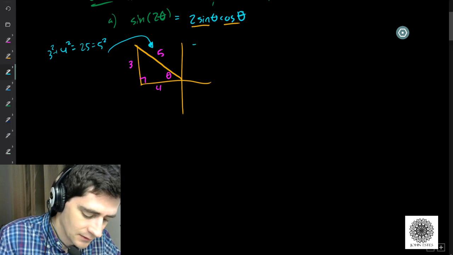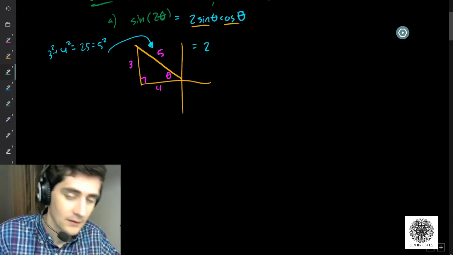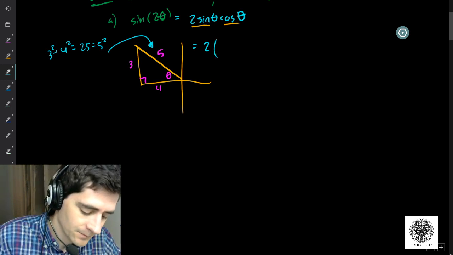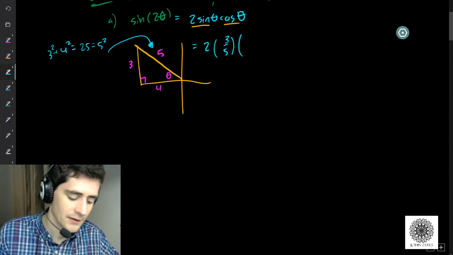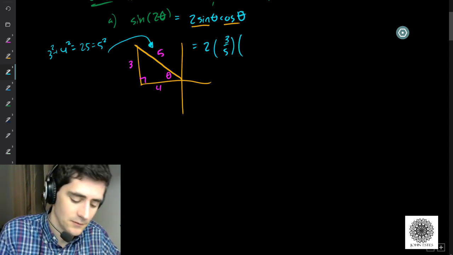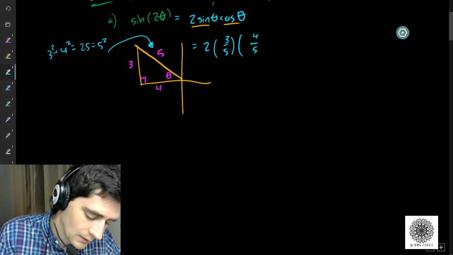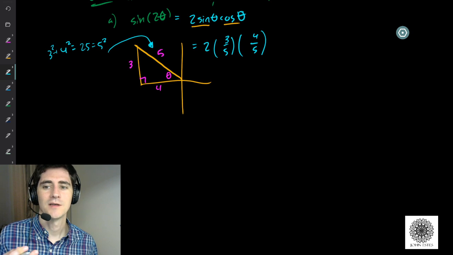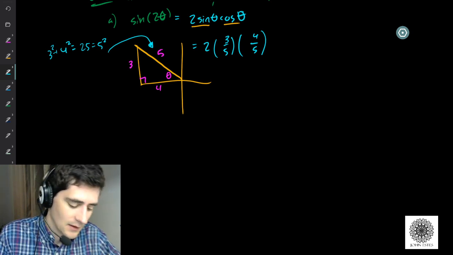I know then that sine is opposite over hypotenuse, and cosine is adjacent over hypotenuse. But don't forget, we're in the second quadrant, and cosine is what? Negative in the second quadrant.